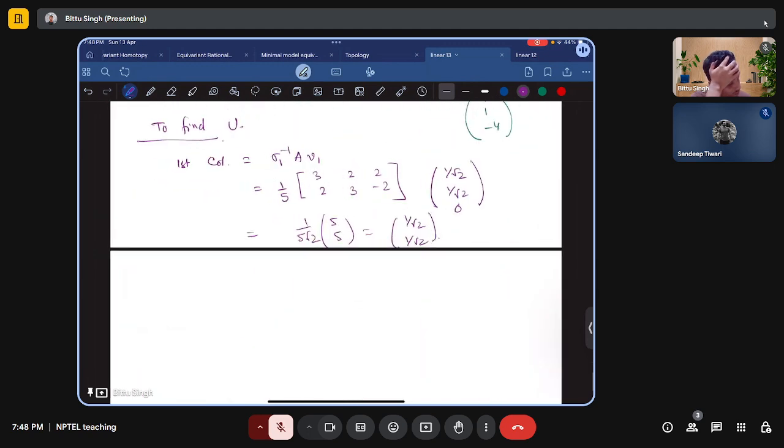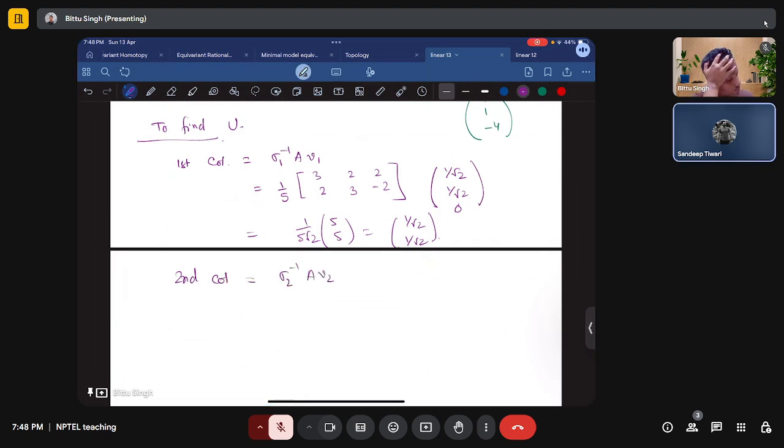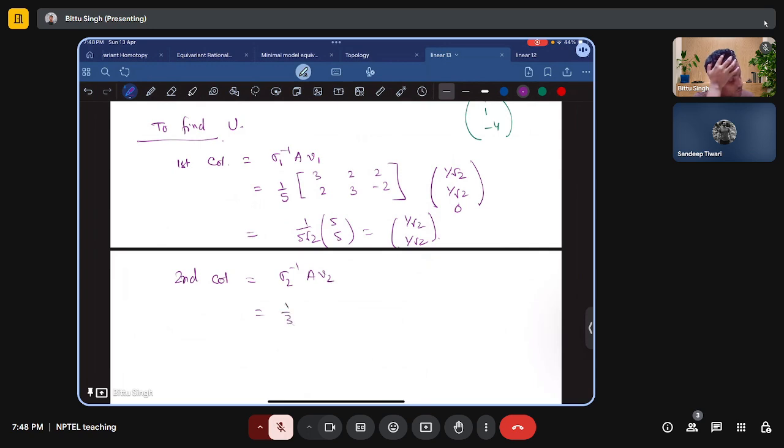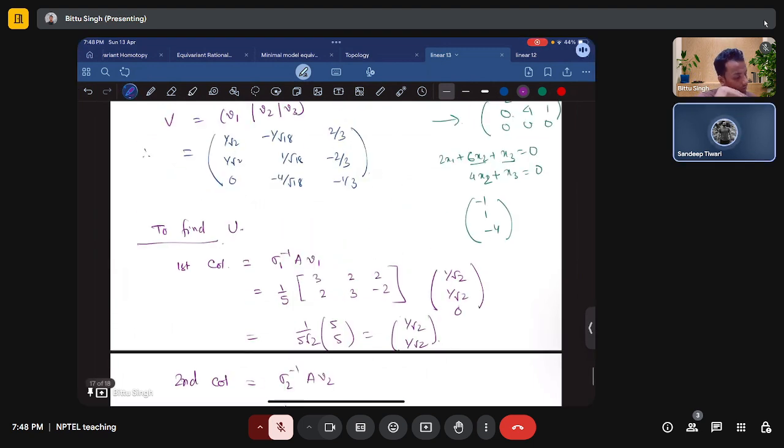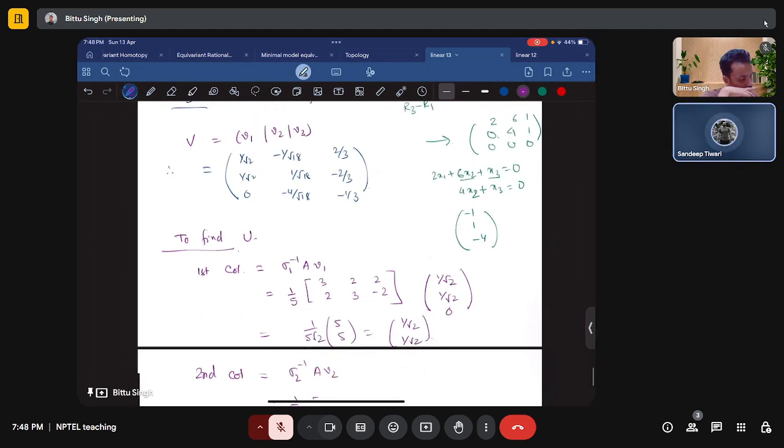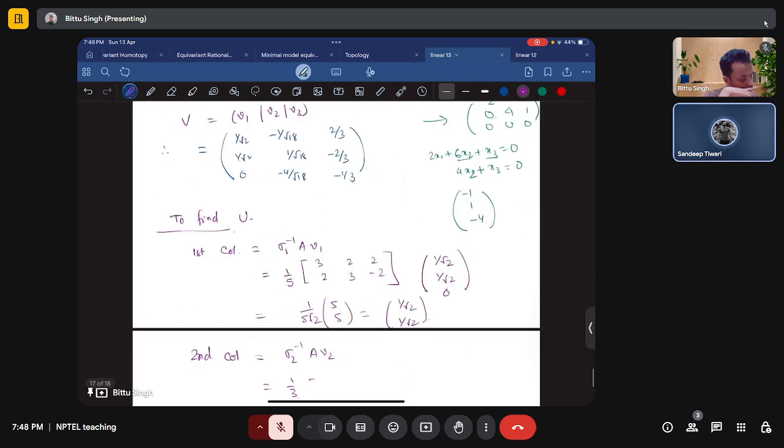Now the same for the second column. This is sigma 2 inverse A V2. The second singular value was 3, so that's 1 by 3. Now what is V2? It is minus 1 by root 18, 1 by root 18, minus 4 by root 18.